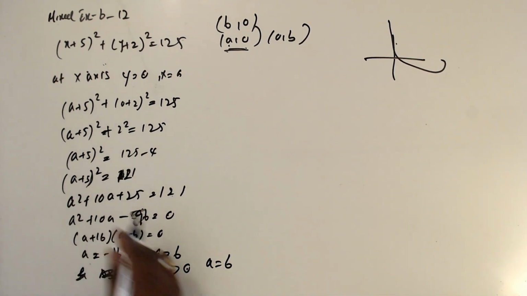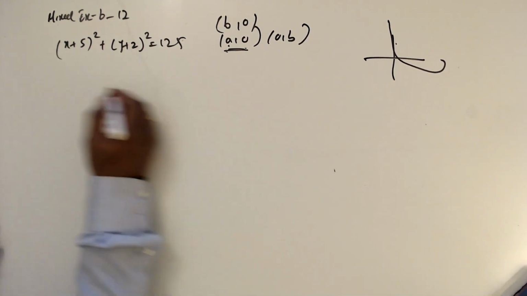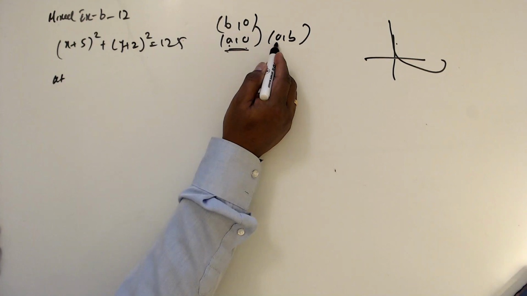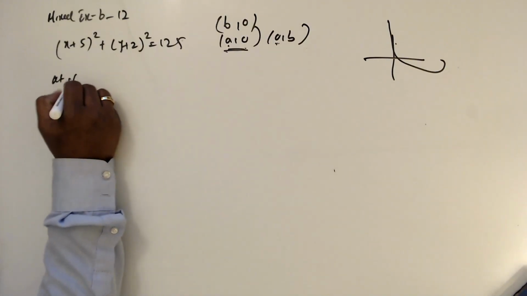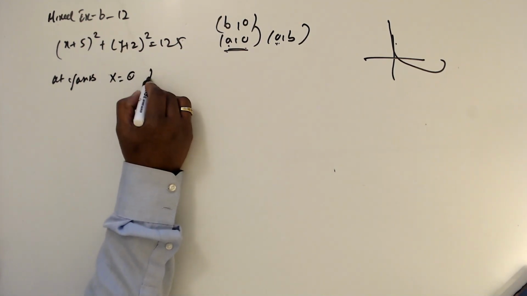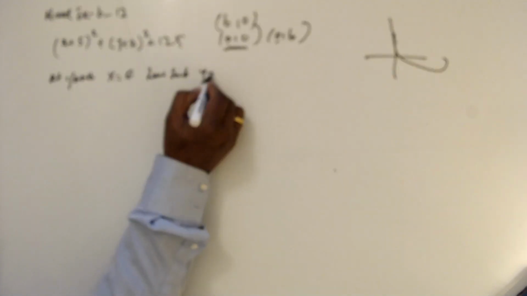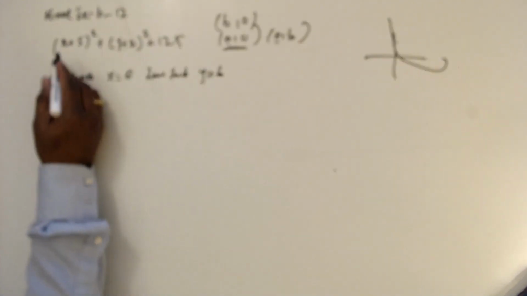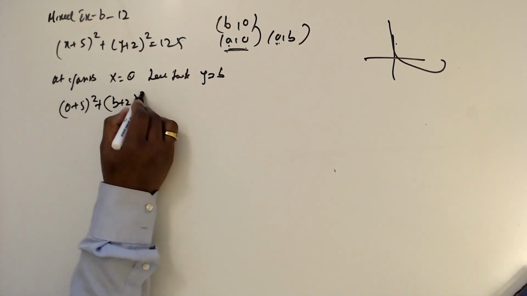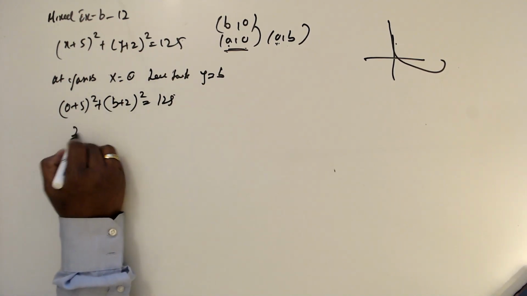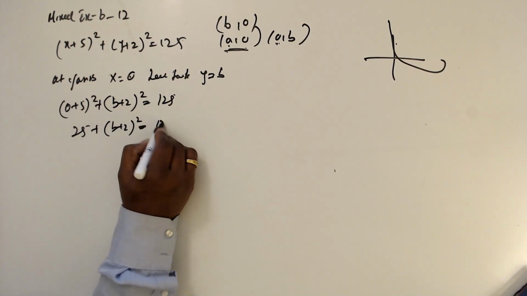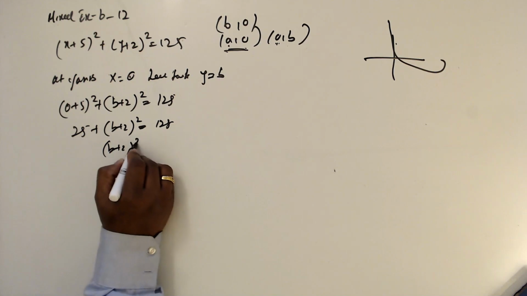The same way we want to calculate the other one. X is 0 at which axis? This is the y axis. At y axis, x equals 0. And let's take y equal b. Y value is b. Then 0 + 5² + (b + 2)² = 125. 25 + (b + 2)² = 125. (b + 2)² = 100.